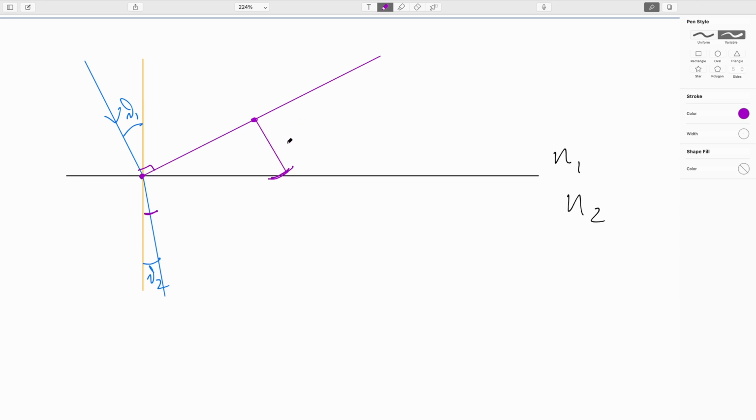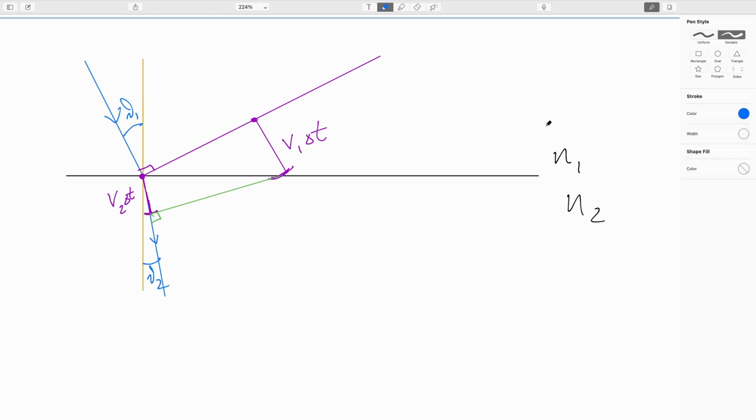So this distance here is going to be v1 delta t, where v1 is the speed of light in medium number 1. And similarly here, this distance right here is v2 delta t. All right. And we can go ahead, draw in our wavefront here, and again, that will be perpendicular to the refracted ray.